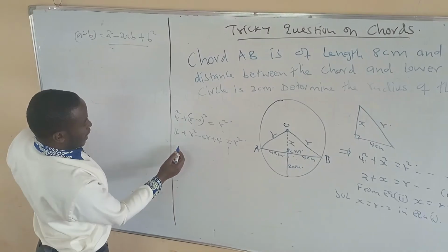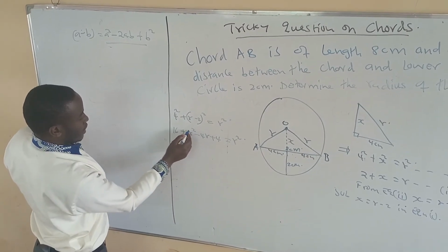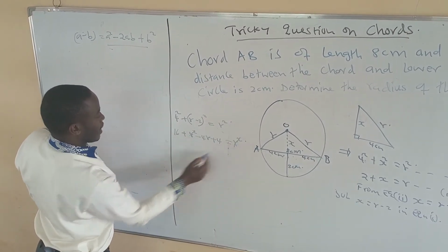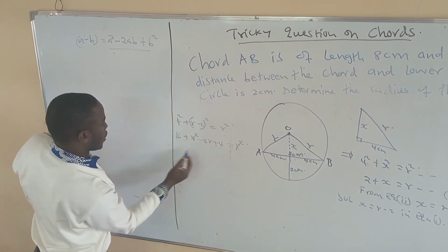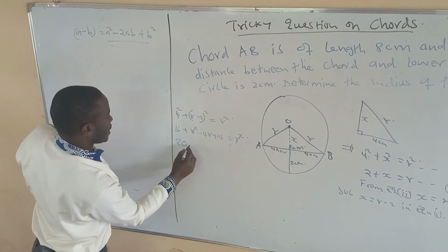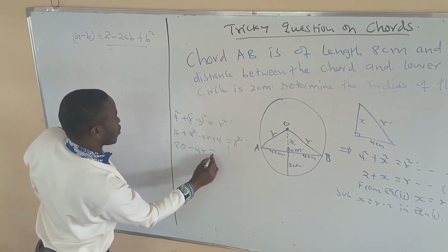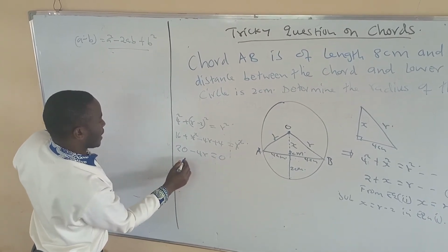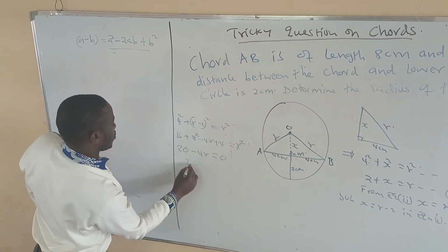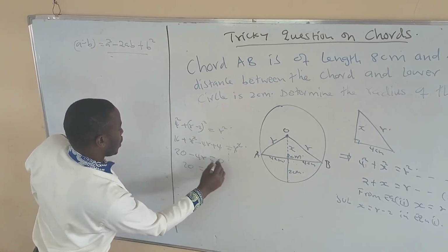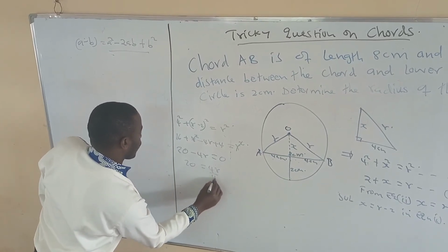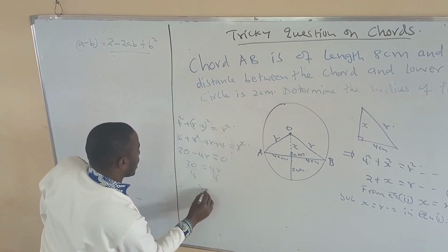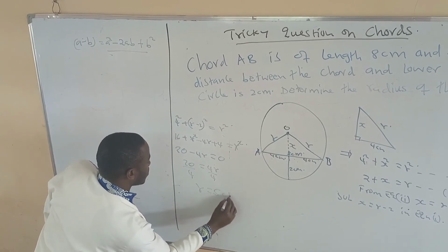So write terms together here. You realize that this r squared and this r squared will cancel out. So we shall remain with this, you add this, you get 20. So we shall be having 20 minus 4r equals 0. If I take this to the other side, it will be 20 equals 4r. So I divide by 4, so r equals 5 centimeters.